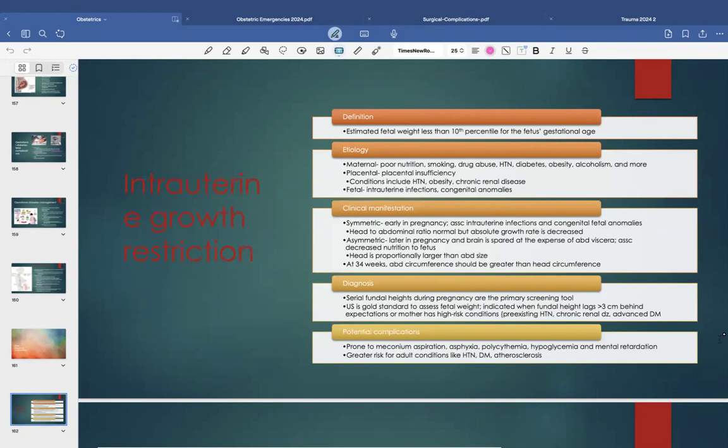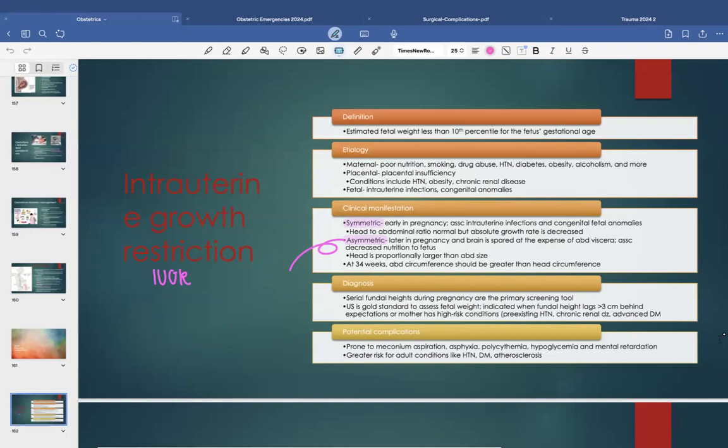Remember, symmetric, the baby in general is just small. Head and abdomen match. In asymmetric, which happens later in pregnancy, the brain is spared, so the head is usually bigger than the abdomen.